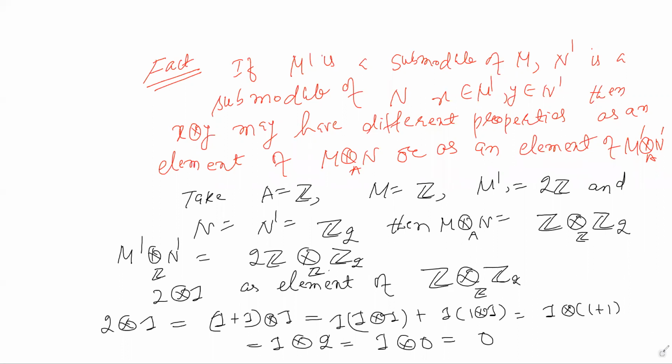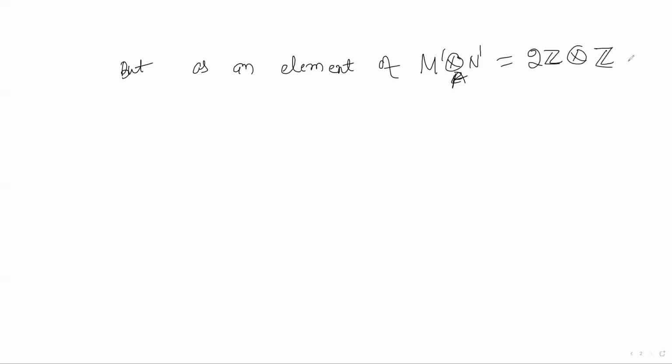However, as an element of this M dash tensor product N dash over A, that is this 2Z tensor product Z2 over Z, this 2 tensor 1 is not equal to 0 because of the following fact.